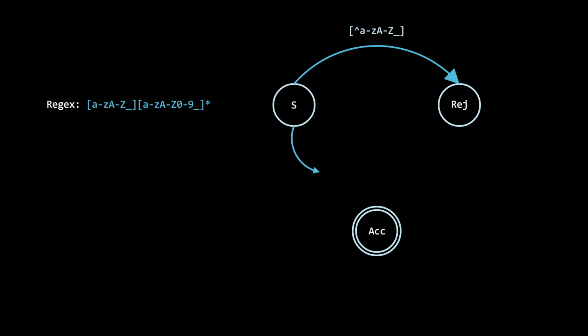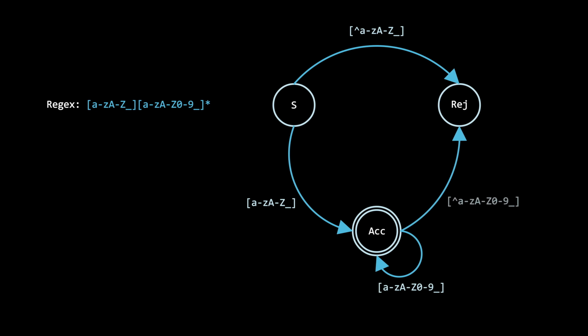Anything else is rejected. So letter or underscore takes us to the accept state. Anything else takes us to the reject state. A letter, digit, or underscore keeps us at the accept state, and anything else sends us to the reject state. And from the reject state, no character will redeem the string, so we stay in the reject state. So again, the asterisk here indicates any character.